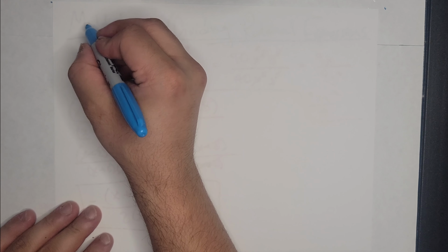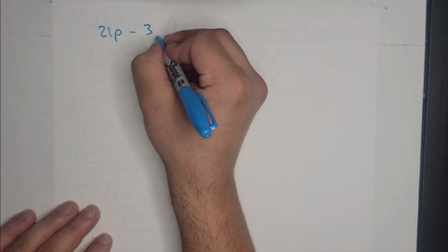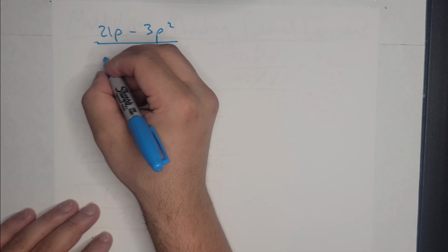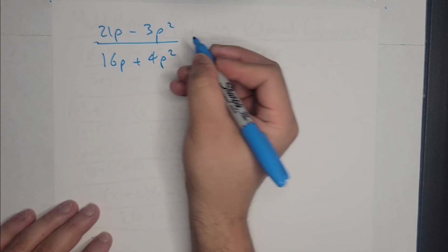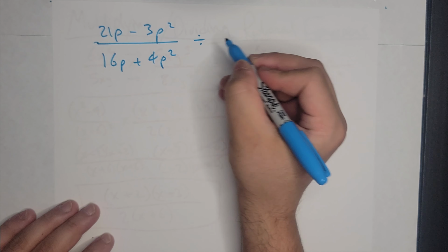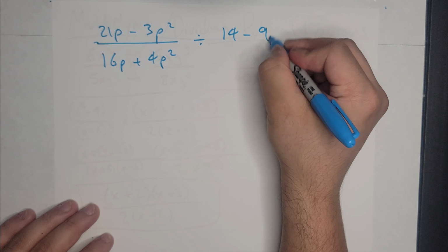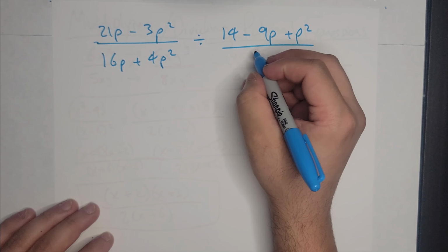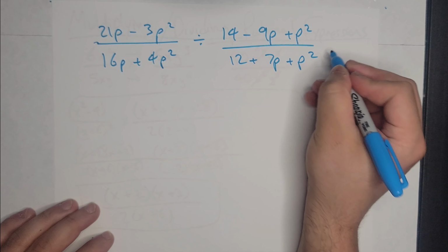Let's go. 21p minus 3p squared over 16p plus 4p squared divided by 14 minus 9p plus p squared over 12 plus 7p plus p squared.